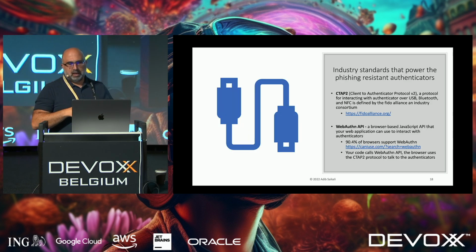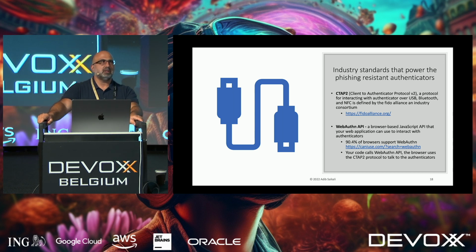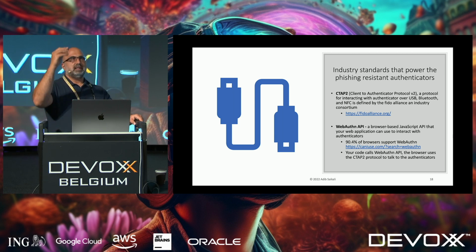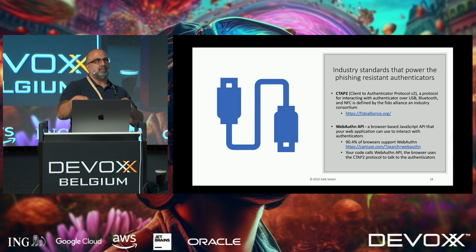And there's a couple of industry standards for this. It started out with an organization called the FIDO Alliance, and they created a standard called CTAP, the Client to Authenticator Protocol. It's essentially how these devices communicate over USB to the computer. There's also a version that uses near field, like NFC, the way you do Apple Pay and tap your thing.